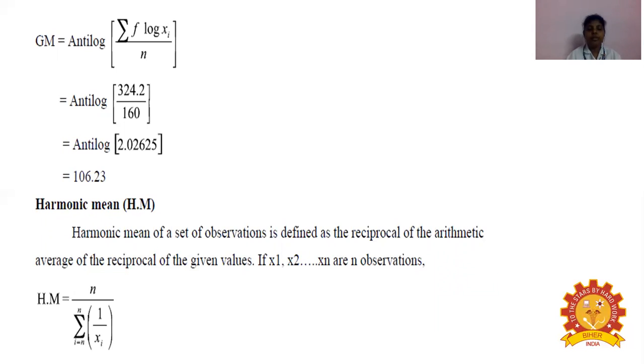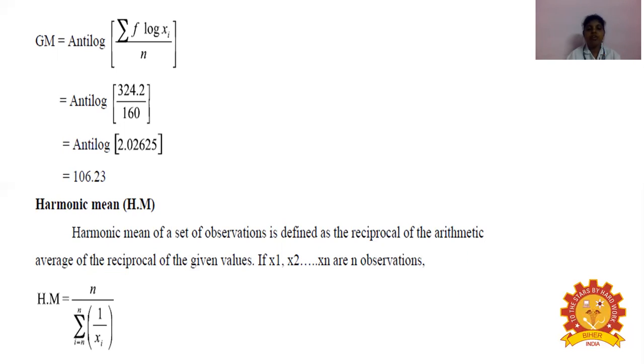Next, harmonic mean. Harmonic mean of a set of observations is defined as the reciprocal of the arithmetic average of the reciprocal of the given values. If x1, x2 up to xn are n observations, harmonic mean equals n divided by summation 1 by xi.